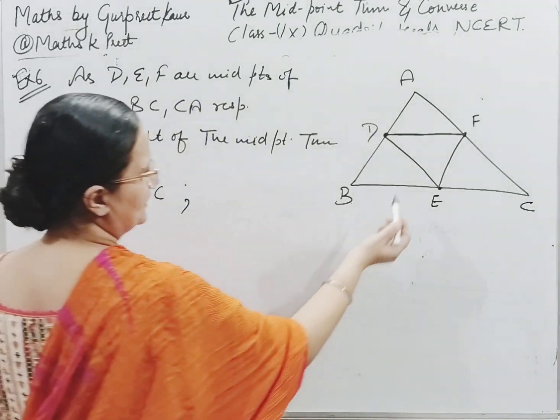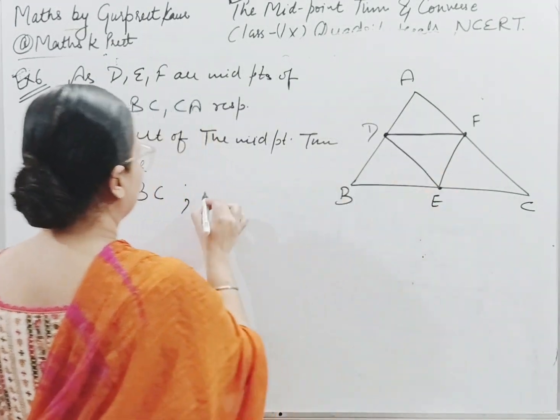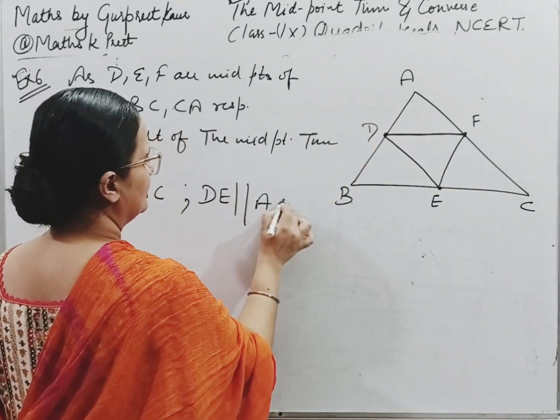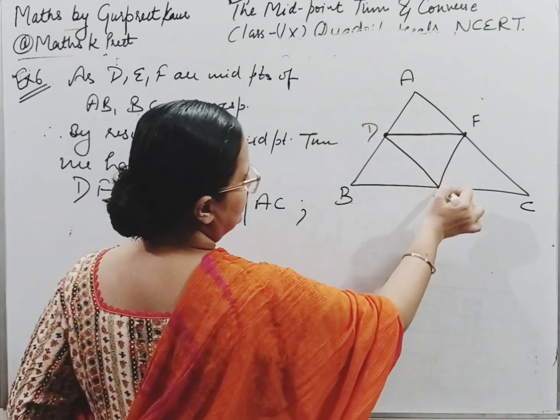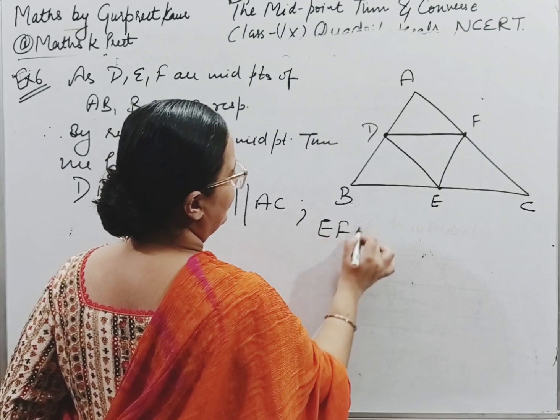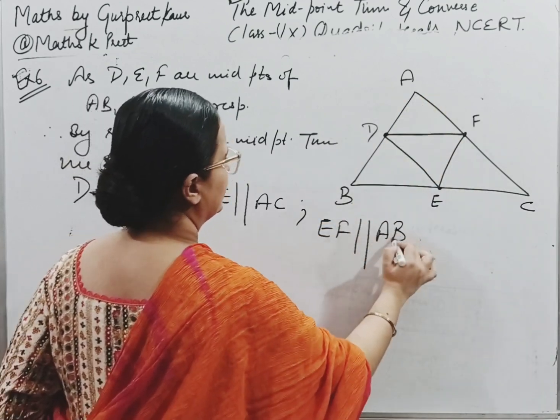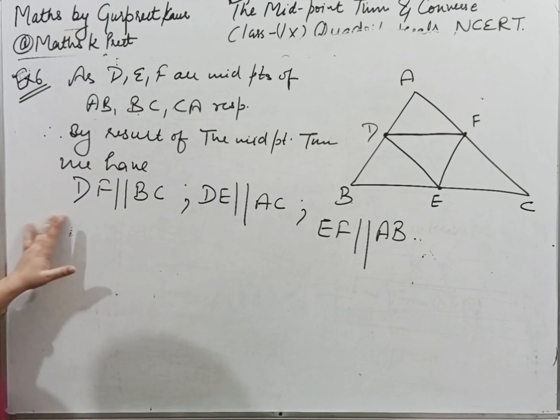What else? DE is parallel to AC. What else? EF is parallel to AB. This is what we now have from the result of the midpoint theorem.